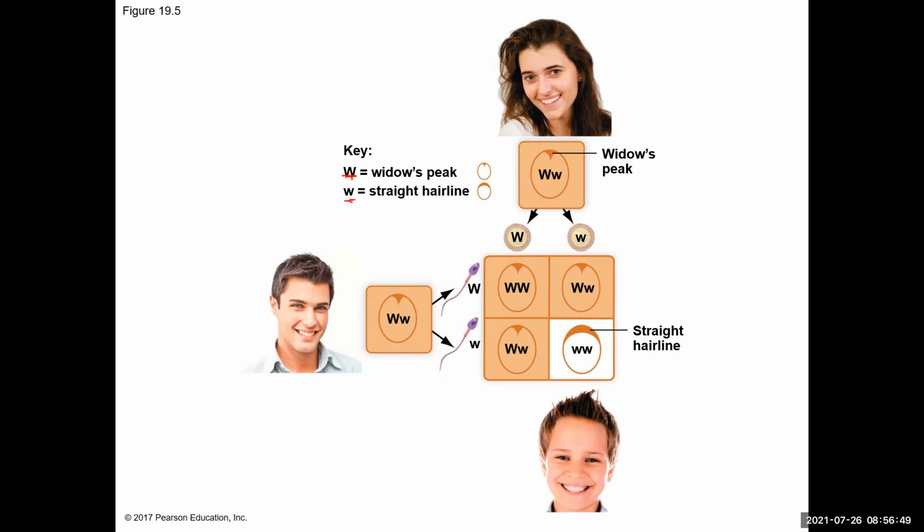So if you have two individuals that are heterozygous and you breed them together, their offspring is going to have a 3:1 phenotype, so 3 with widow's peak, 1 with straight hairline, and 1 homozygous dominant, 2 heterozygous, and 1 homozygous recessive. So a 3:1 phenotype and a 1:2:1 genotype. So only 25% of their offspring will have a straight hairline.